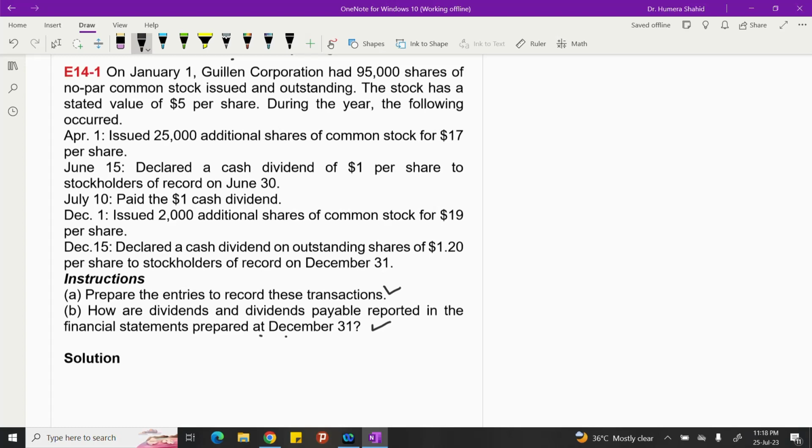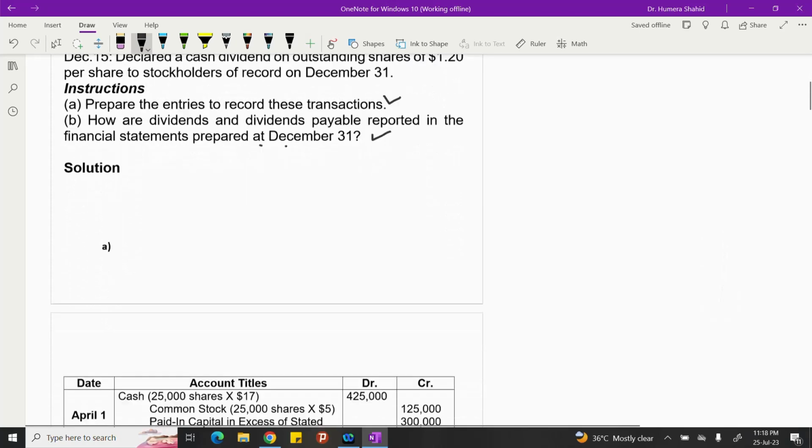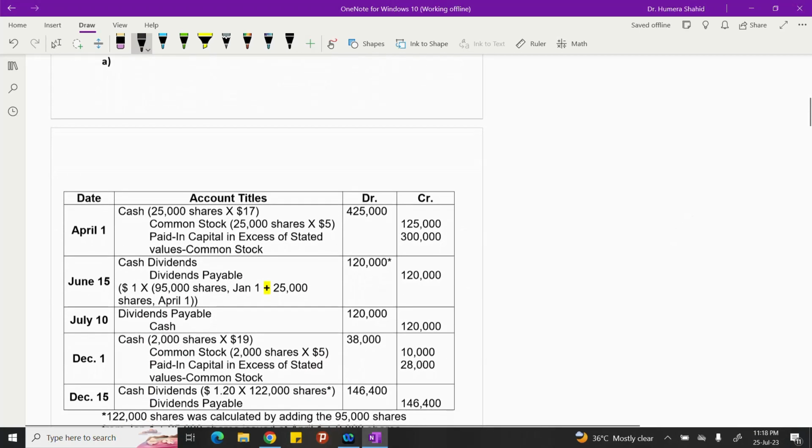So let's start from the first journal entry. Issue 25,000 additional shares of common stock for $17 per share. The company gets cash because of this issuance, and common stock gets credit. We will also have additional paid in capital, which is paid in capital in excess of stated value. Cash gets debit: 25,000 new shares at 17, if you multiply, you get 425,000.